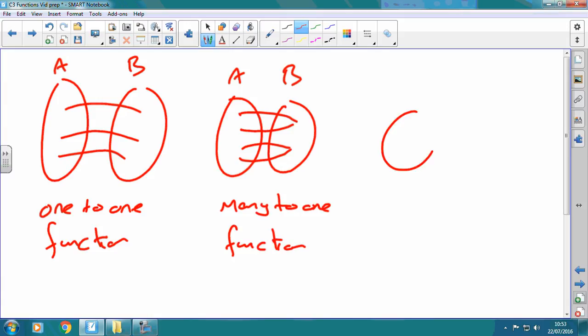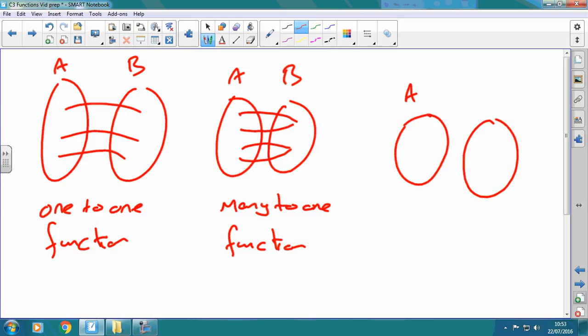However, let's draw a little bit like the previous ones. If you've got the domain and the range, and you've got one here that goes to a couple of things, for instance any of the trig graphs, or a square root.